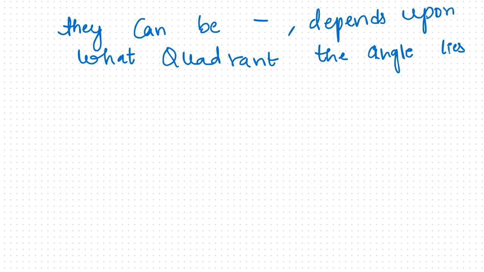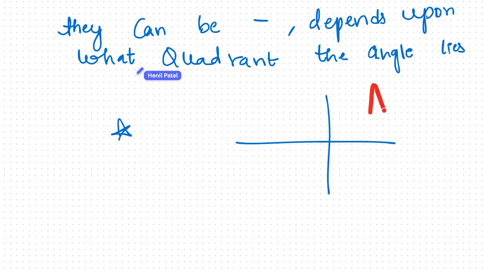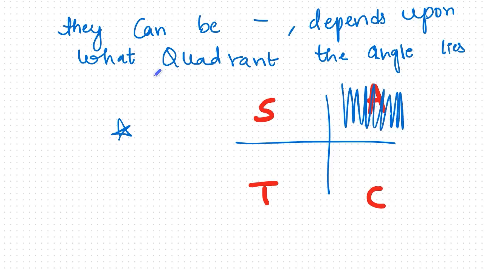First things first, what is important to remember is ASTC. ASTC means if the angle lies in quadrant 1, all trigonometric ratios are positive.